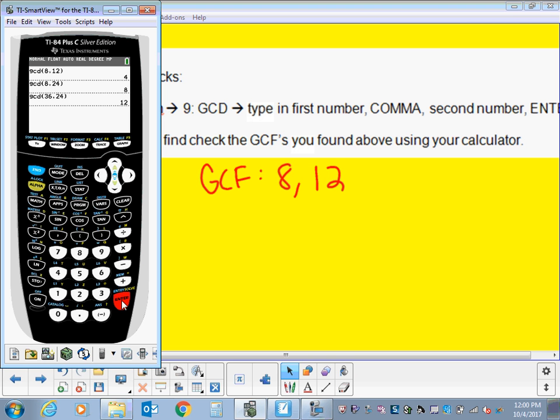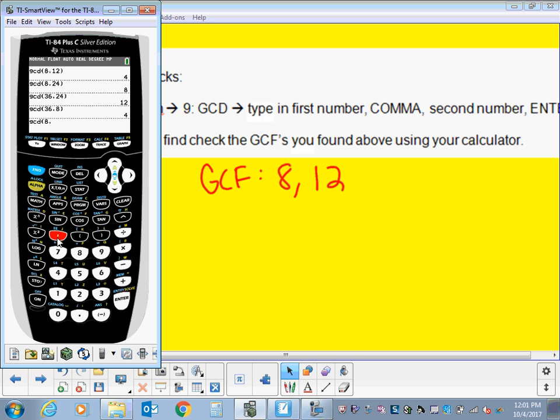Get an answer. And then let's do it again for 8 and 36. What is my lowest number there? 4. I took all three numbers and I paired them with each other. All I didn't do was 8 and 24. I guess we could do that too.